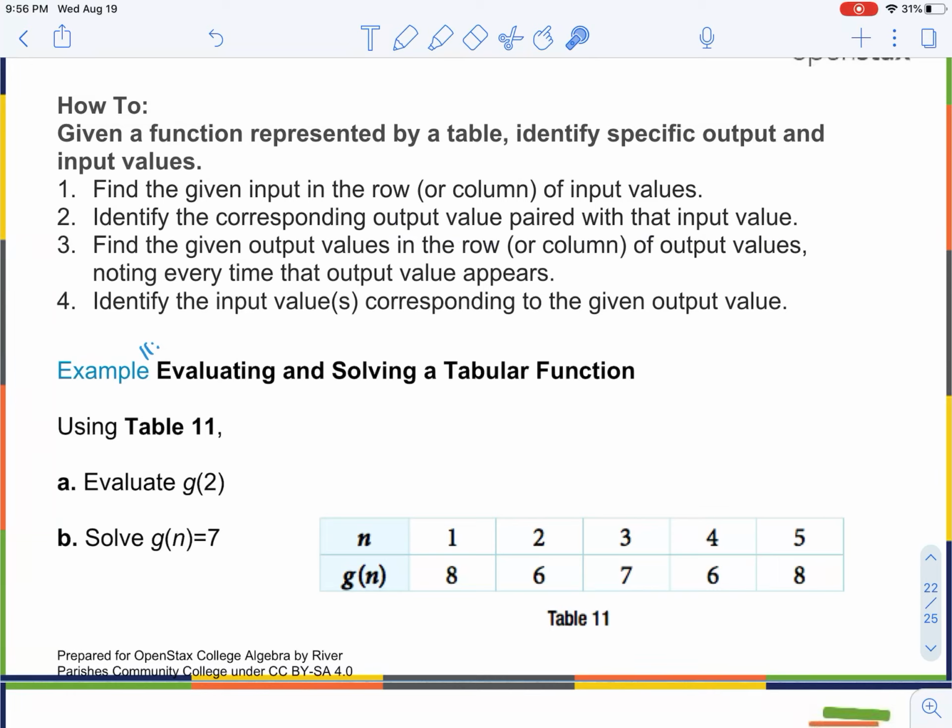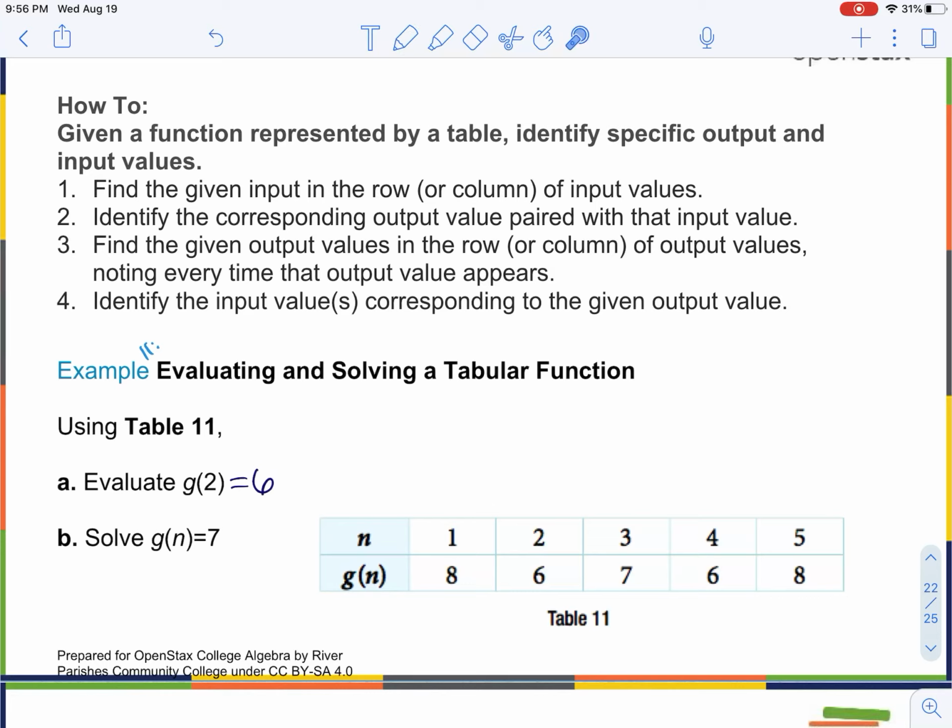If we were finding the given outputs, we just do the opposite. So when they say find g of 2, all they want you to do is go over to 2 and find the corresponding value of the function. So when n is 2, g is 6.